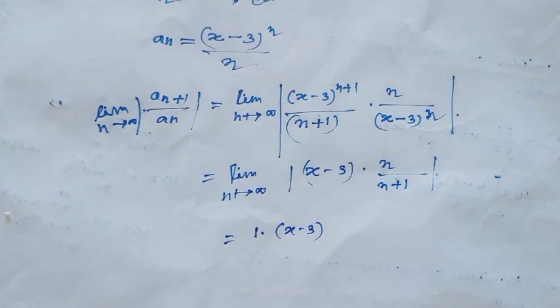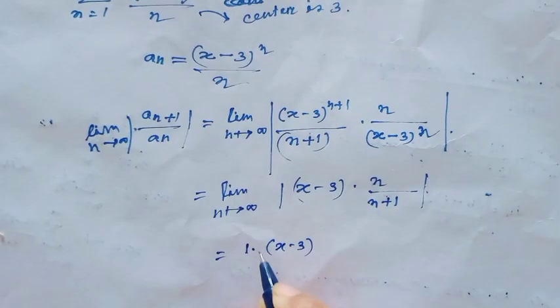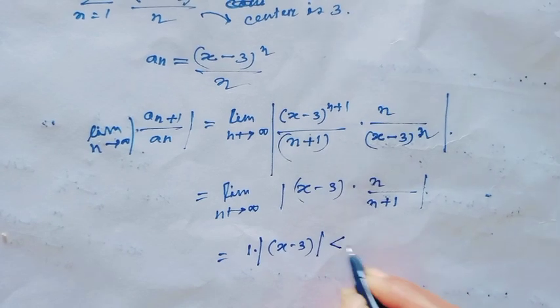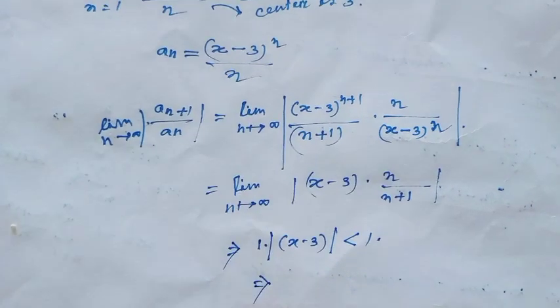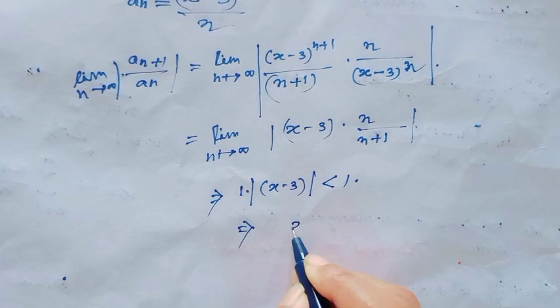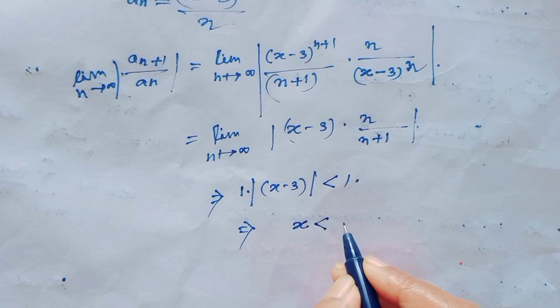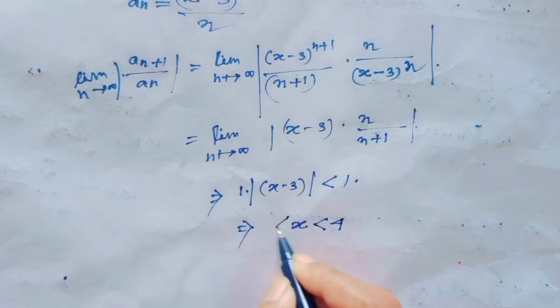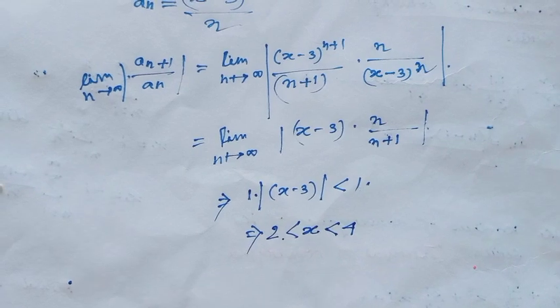And obviously, this power series converges when this absolute value is less than 1. That means here x lies between 2 and 4. In this region, the power series converges.